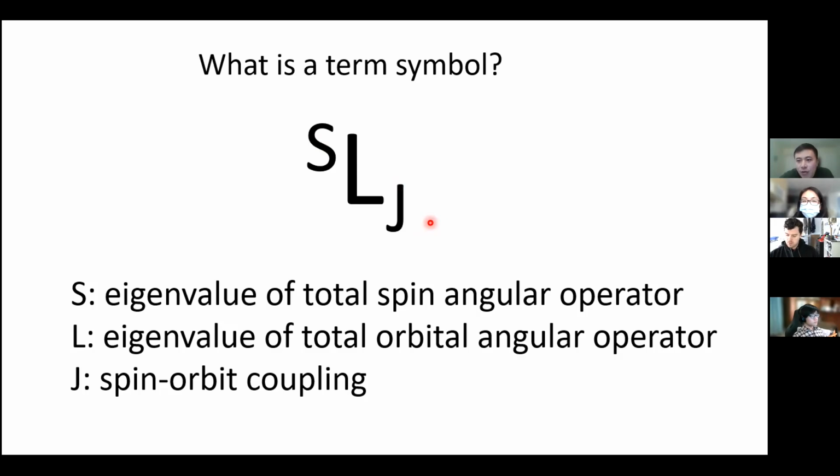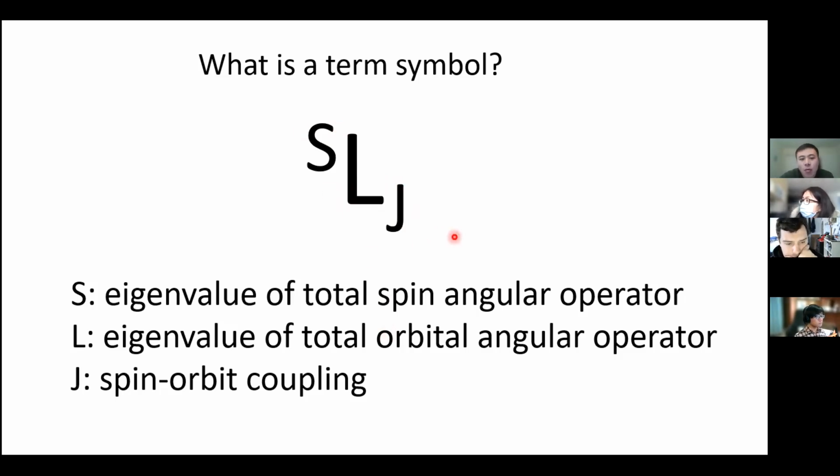It's a picture like the Earth orbiting around the sun while the Earth itself is also rotating. It's an analogy, and we know it's a classical picture, whereas quantum mechanics is based on the wave function and we have to describe these using waves, but we can draw an analogy to help us understand. So J is the total angular momentum.